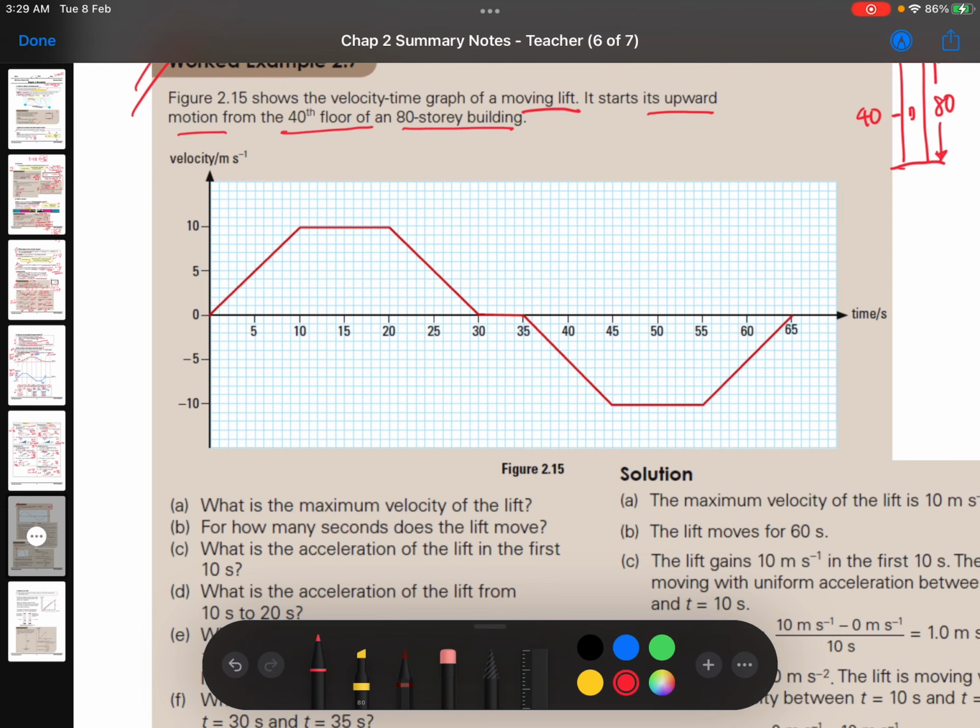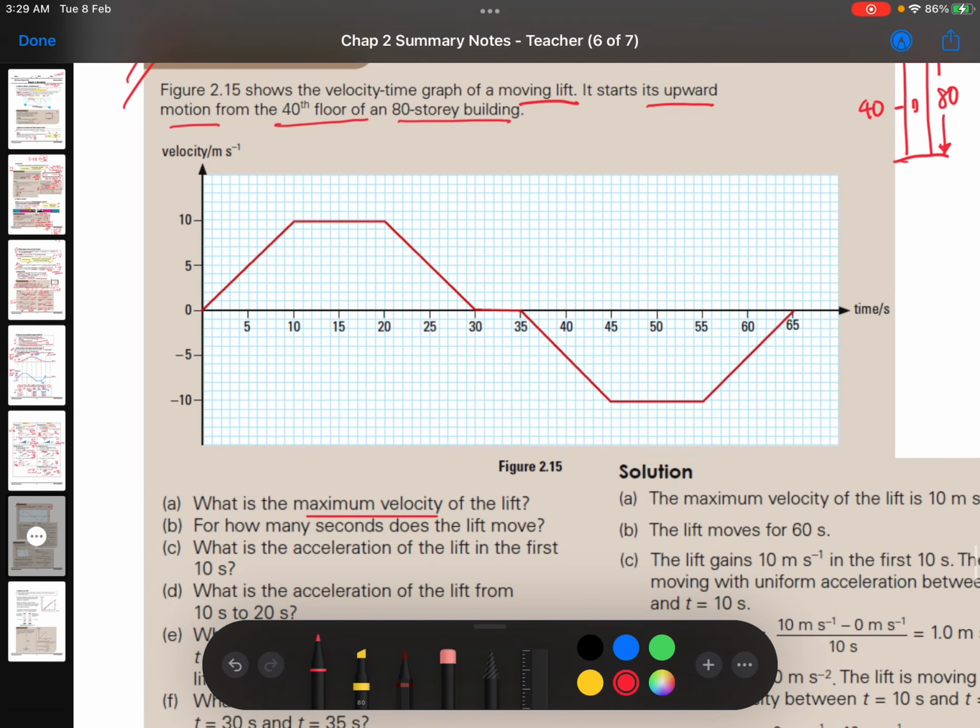So when you look at this, this is asking about velocity on a velocity time graph. That means VT graph, right?